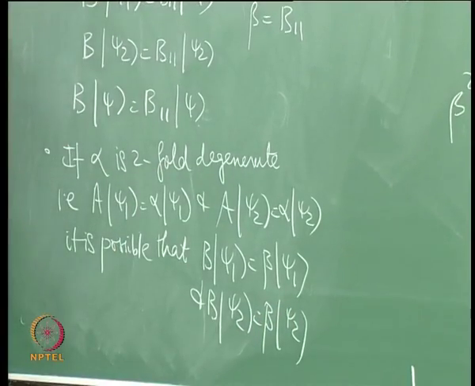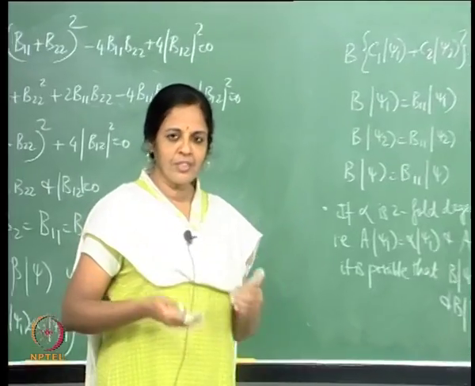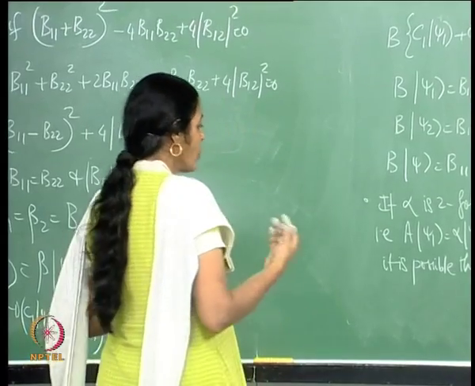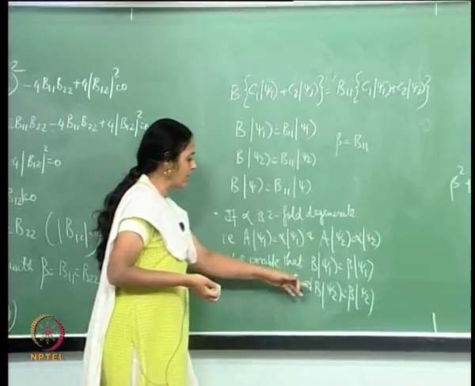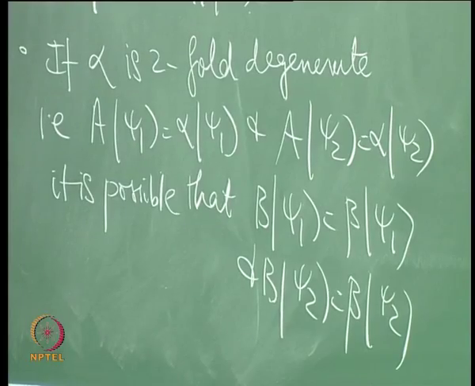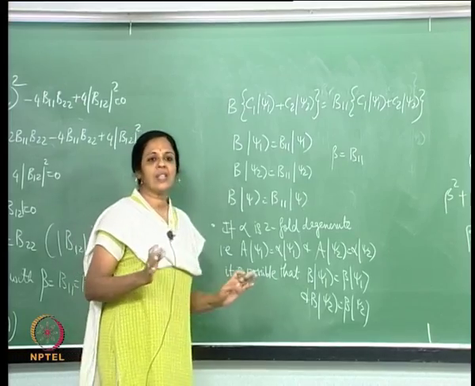The degeneracy is not lifted and the set of eigenstates of A are also eigenstates of B. We have found that set. So, we have a complete set of common eigenstates of A and B. The degeneracy has not been lifted.